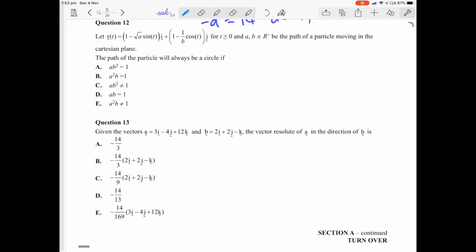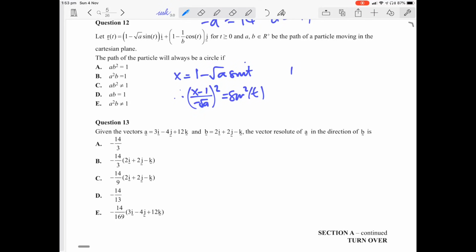Okay, the path of the particle moving along cuts out a circle if, okay, x equals 1 minus root a sine t. So therefore x minus 1 on negative root a, squared, is equal to sine squared.